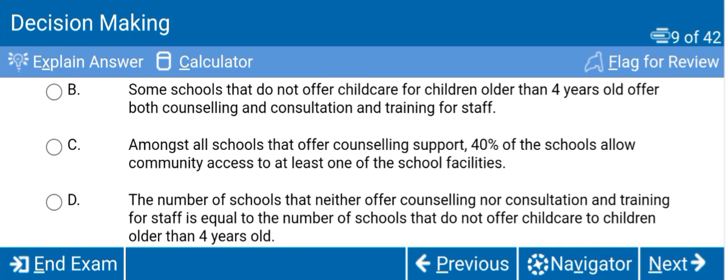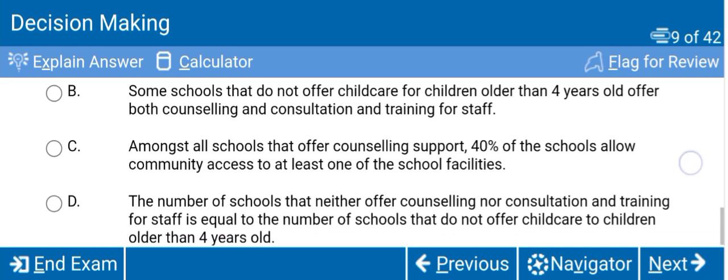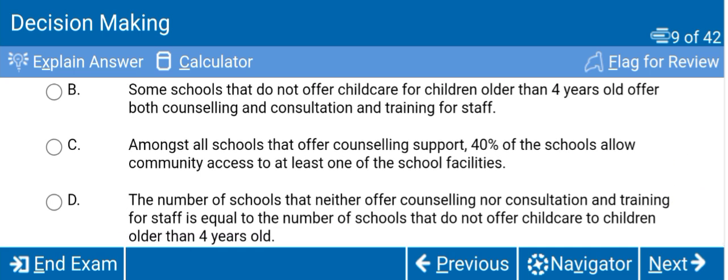Option D, the number of schools that neither offer counseling nor consultation and training for staff is equal to the number of schools that do not offer childcare to children older than 4 years old.